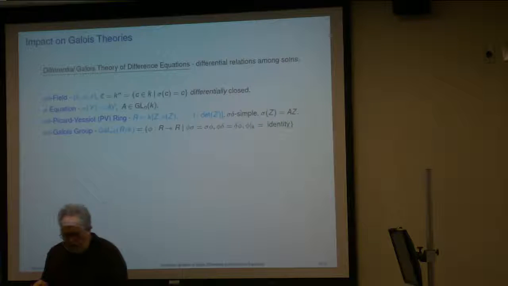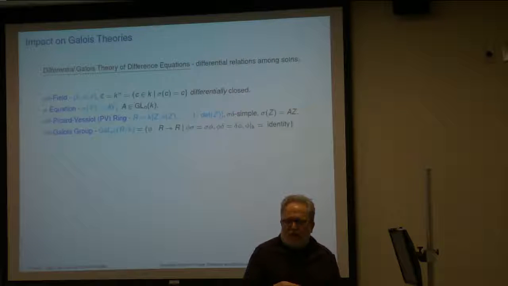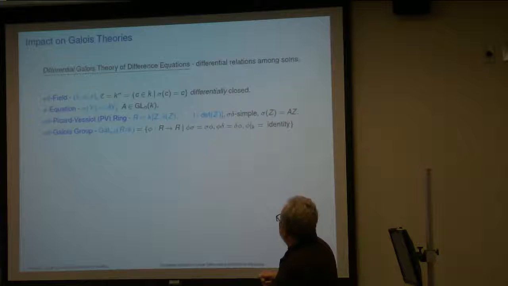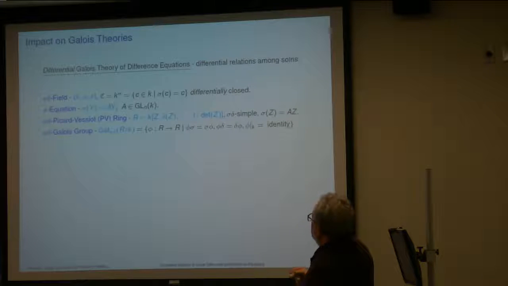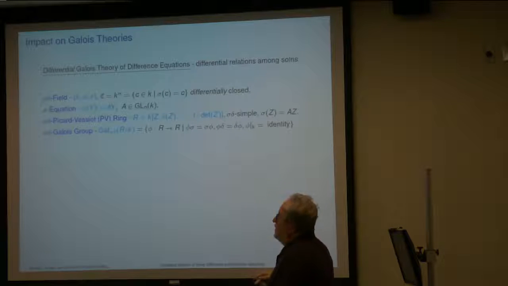And before, I assumed it was algebraically closed; here I'm going to assume that it's differentially closed. So it's nice to have logicians in the room. I don't have to explain it to them. But for the others, it just means that any system of differential equations that's consistent, that has a solution somewhere, will have a solution in this field.